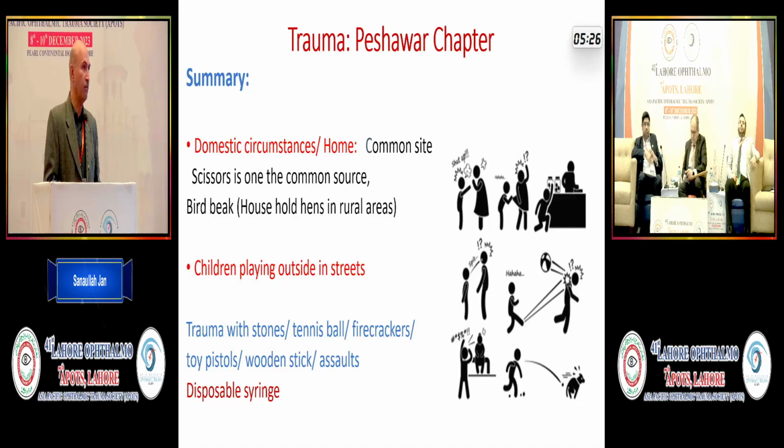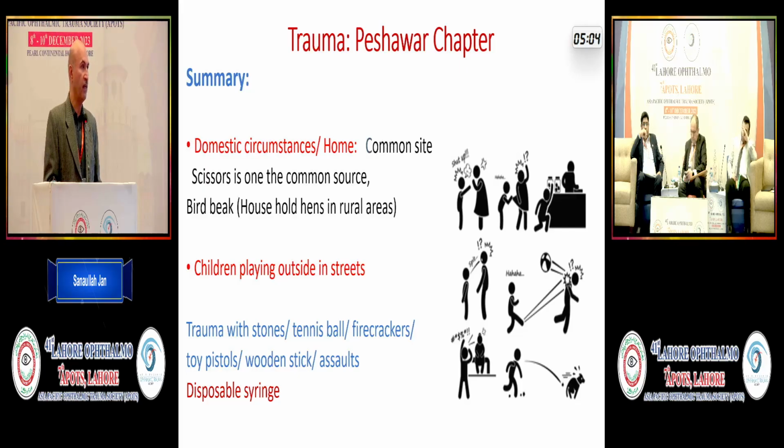Then the second most common circumstance where the children received trauma was when they were playing outside in streets. They were throwing stones at each other with catapult or just by hand. The children who were playing games, especially cricket, tennis ball injuries were there.